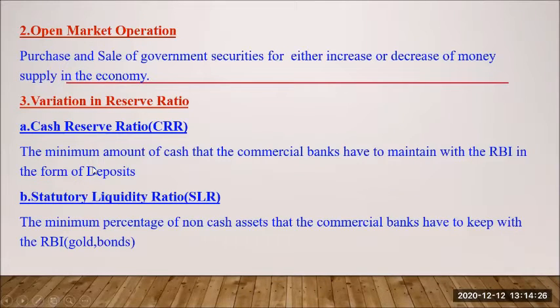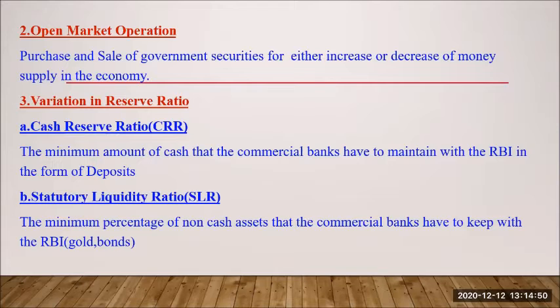inflation. And during the time of depression, in order to increase the supply of money in the economy, credit creation should be encouraged for the commercial bank. So RBI should encourage the credit creation of commercial banks. For that purpose, it is going to reduce the CRR as well as SLR rates.